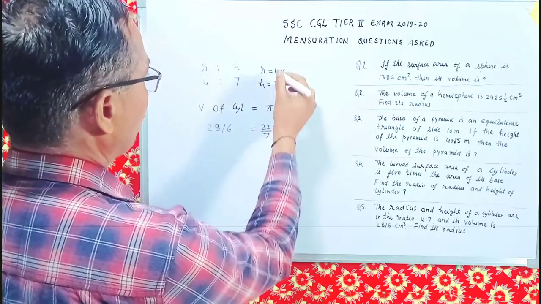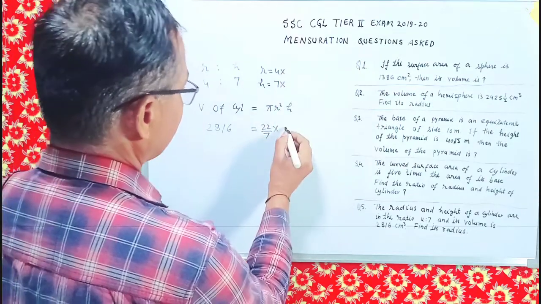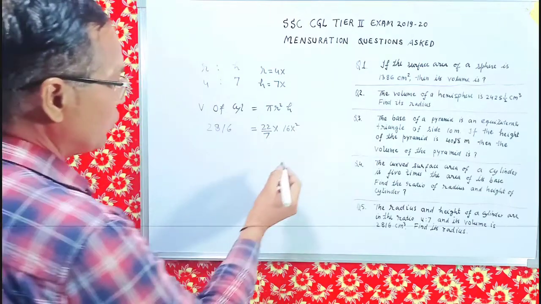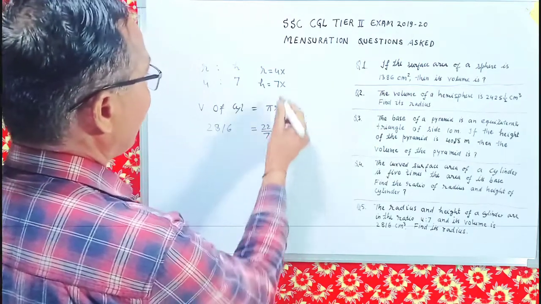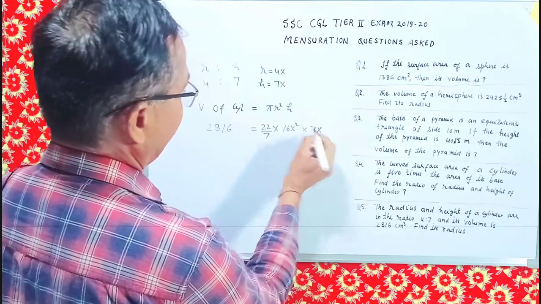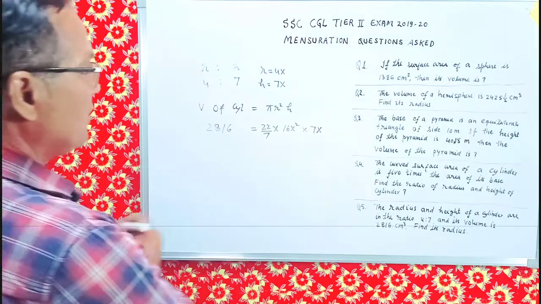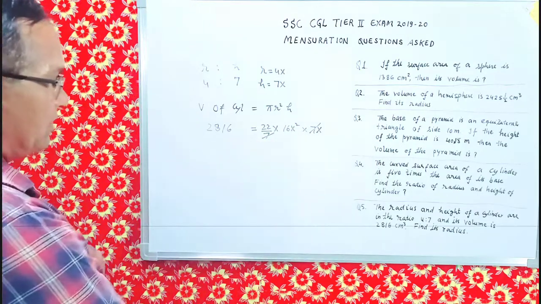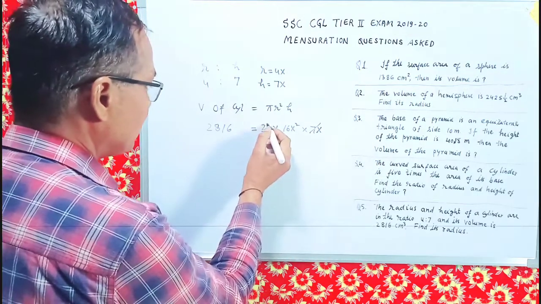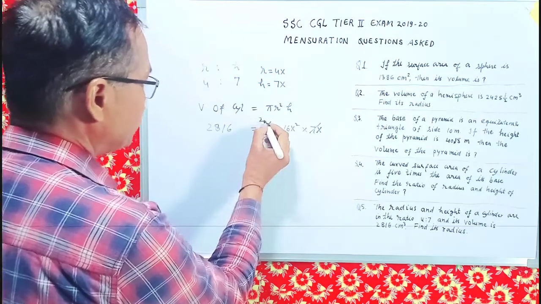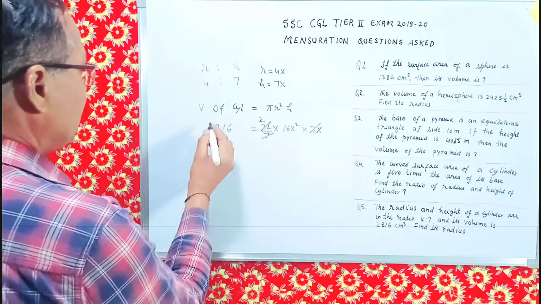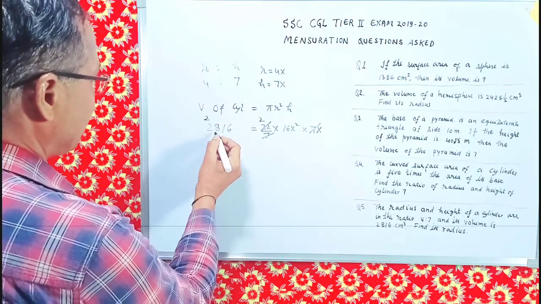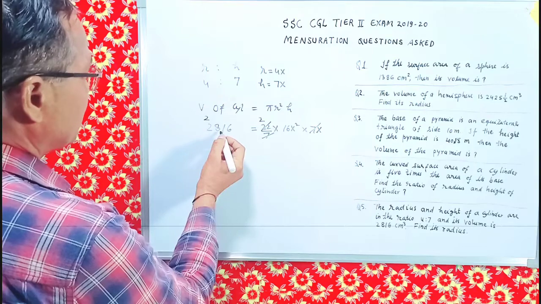r square means 4 4s are 16 x square into height. Height is 7x. By this 7 will be cut. And by 11 twos are 22 and 11 twos are 22, left over 6 including 1 61.